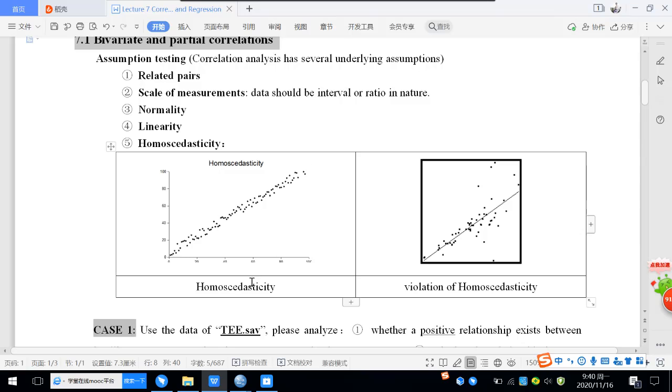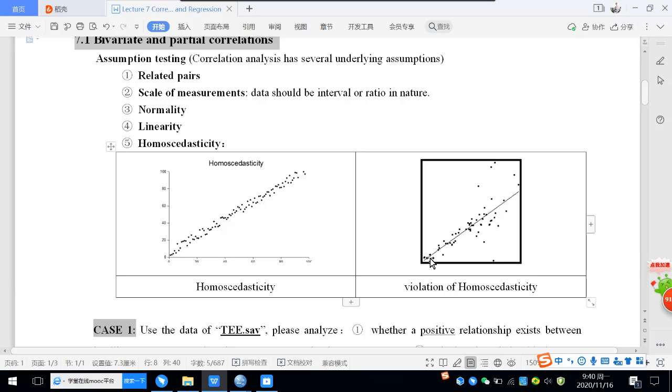This one is the violation of homoscedasticity. Why?